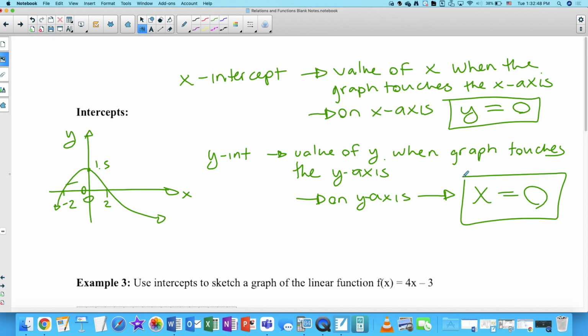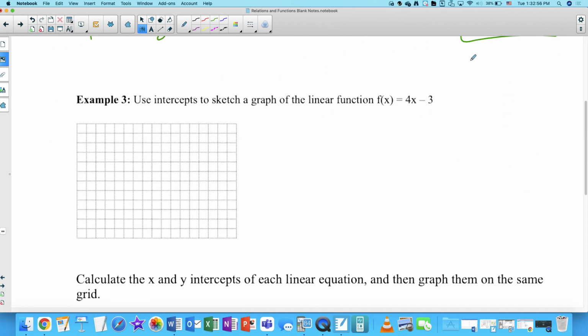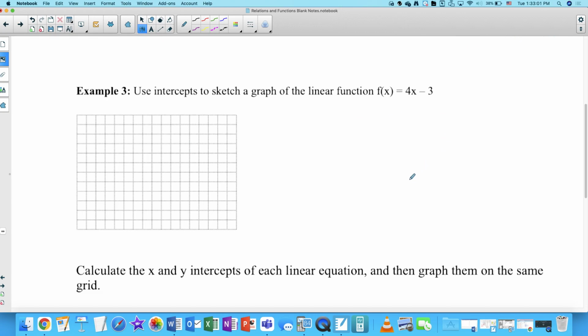Use intercepts to sketch a graph of the linear function f of x equals 4x minus 3. Okay? So if you wanted to use intercepts to do that, well, if you want to graph a line, you only need 2 points. Then you connect the line and you get your points, right? So the y-intercept is when x equals 0.